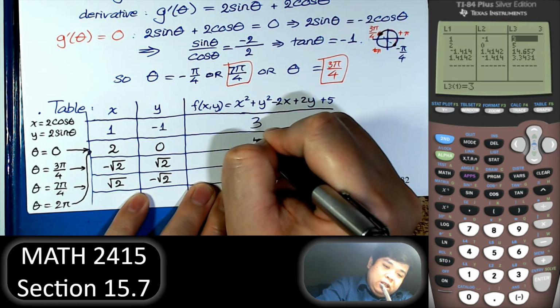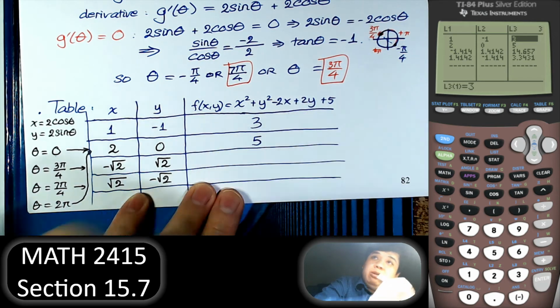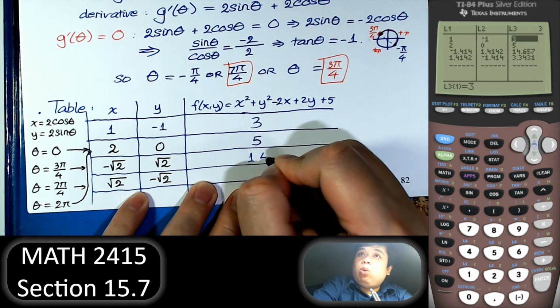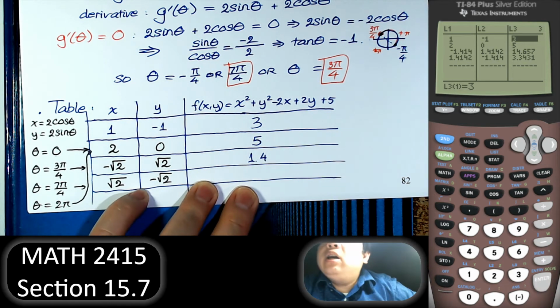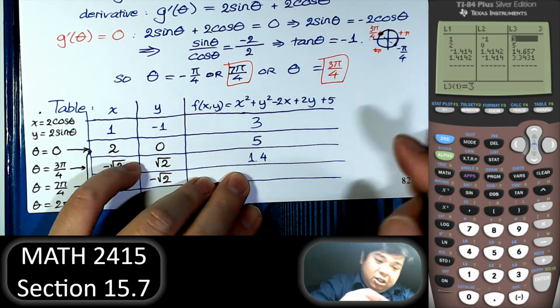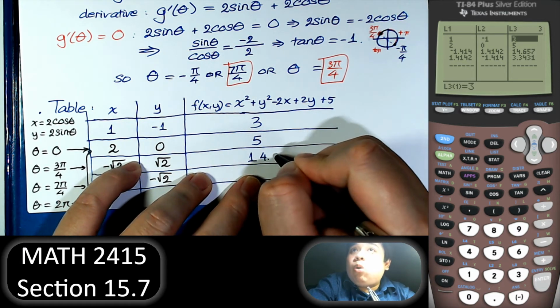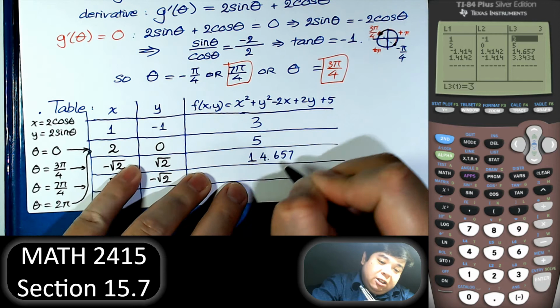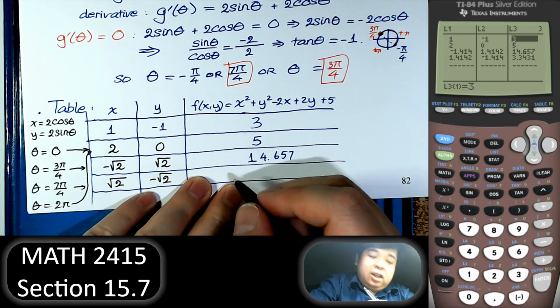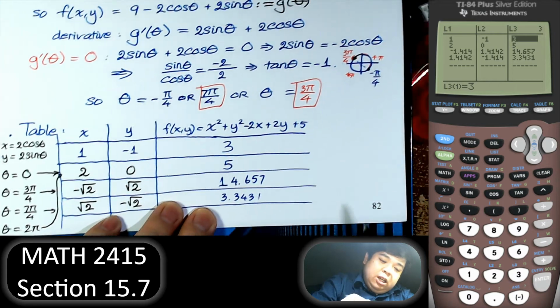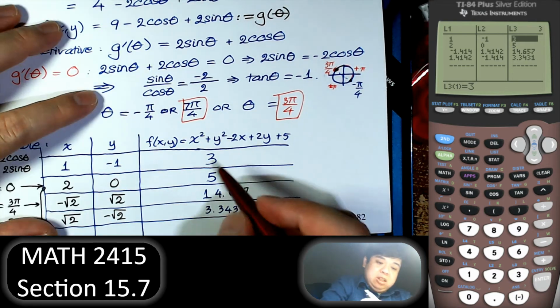3, 5, 14 point something, sorry, 14.657, and that is 3.343. So obviously the maximum is here.